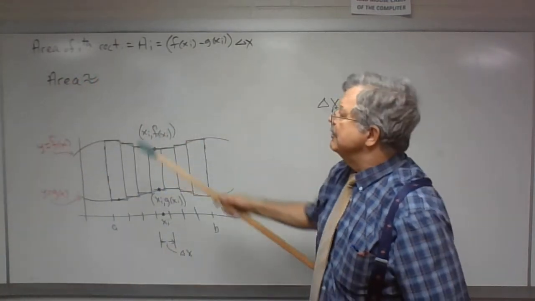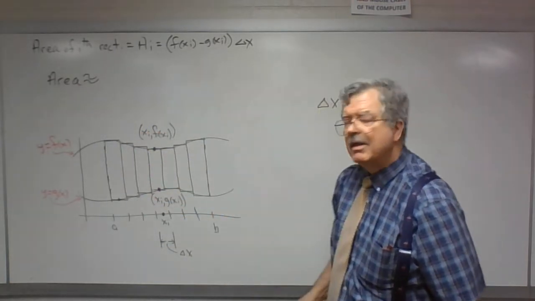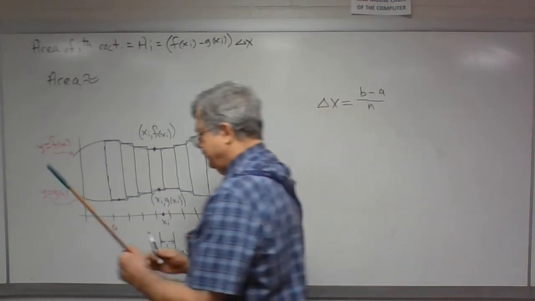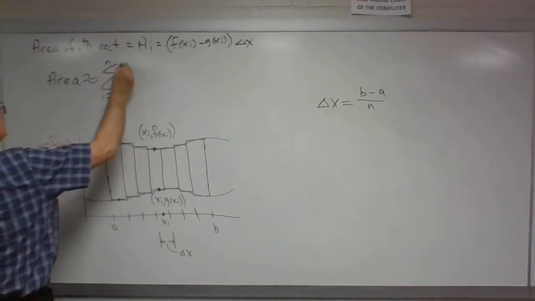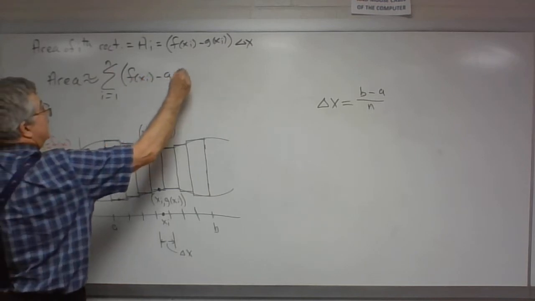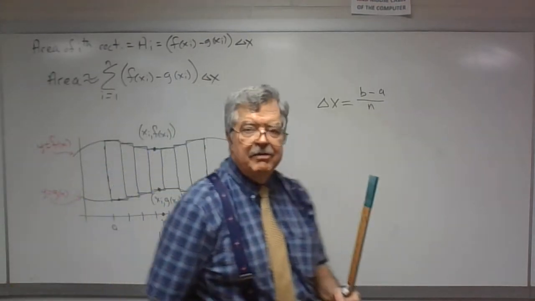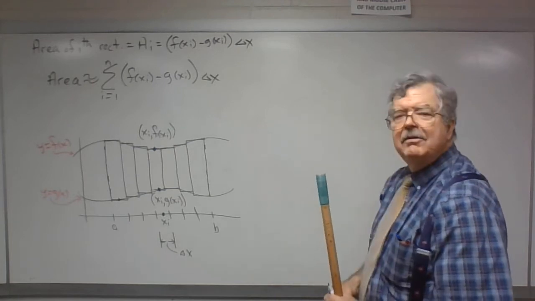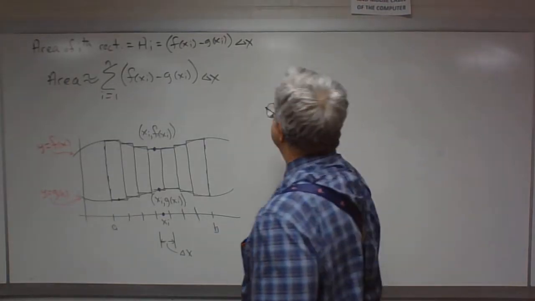And then to get the total area bounded between the graph of f of x and g of x, we added up the areas of all of the rectangles. And that gave us an approximation. To get the exact area, we let delta x go to 0.